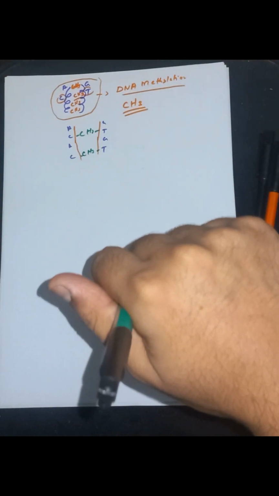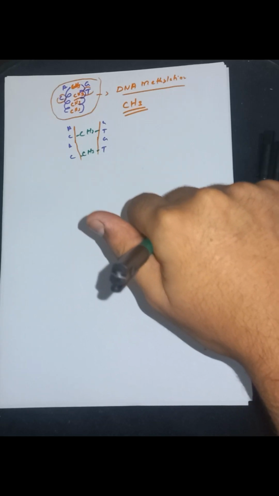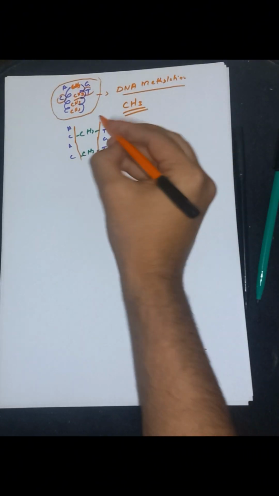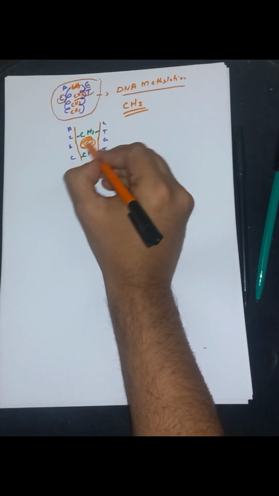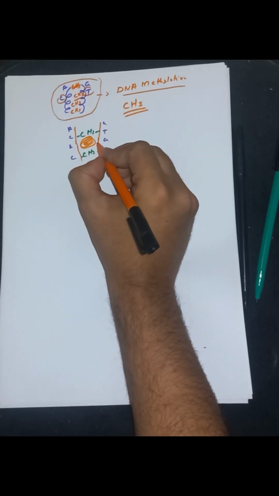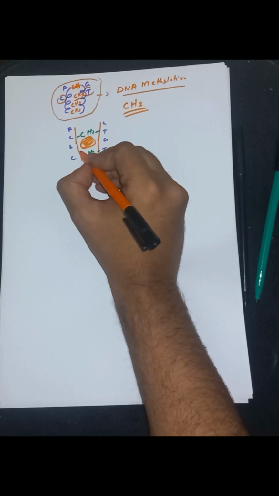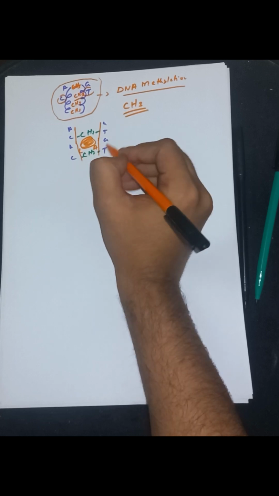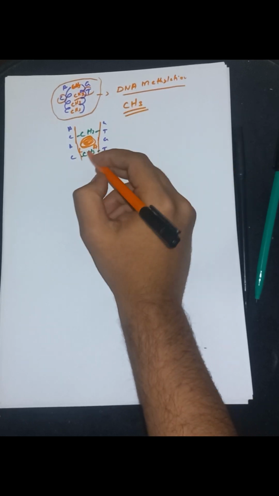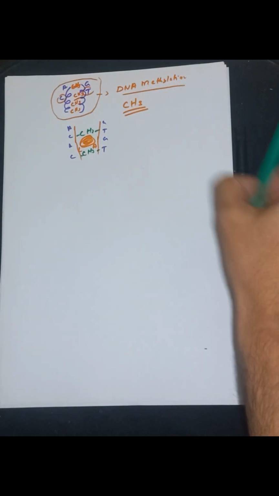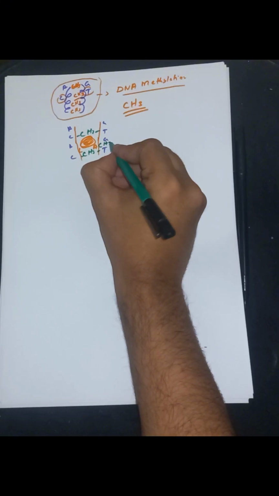And there is another thing as well. There are also nucleosomes in between, histones in between here. So what do histones have here? They have lysine and arginine groups, L and A, lysine and arginine groups. So these methyl groups also start attaching to these two as well.